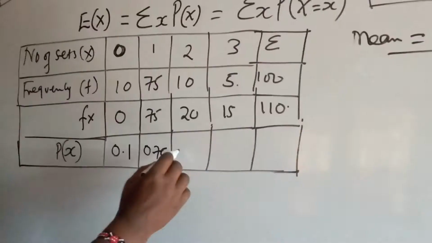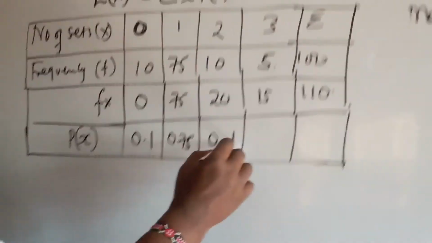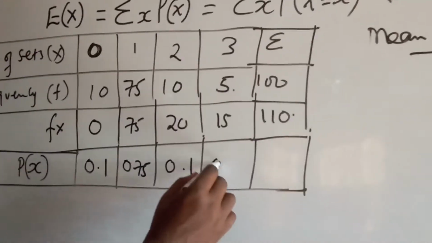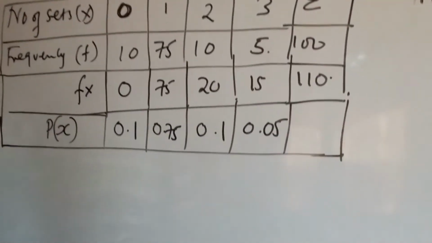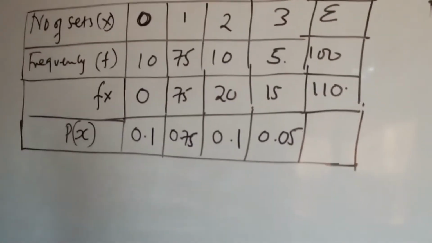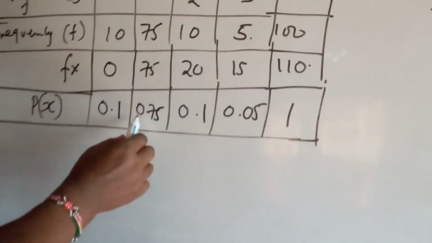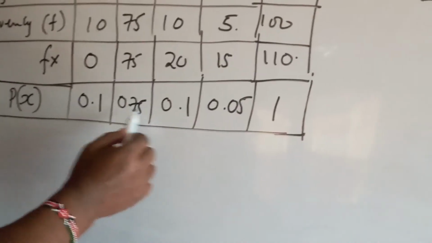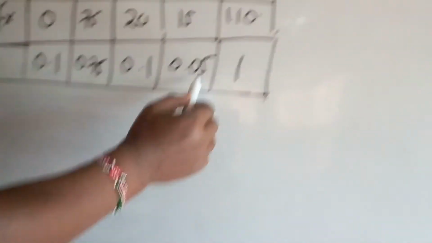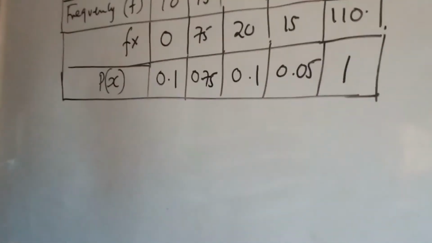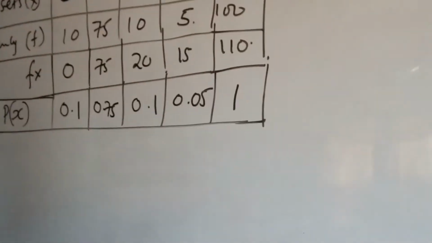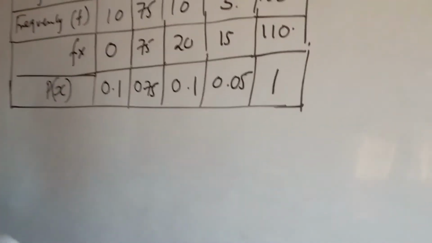And this is just 0.1, and this one is 0.05. Does this add to 1? Of course it does: 0.75 plus 0.2 is 0.95, plus 0.05 is actually 1. And that is how we can answer part B of the question, which was asking us to draw up the probability distribution table for x.